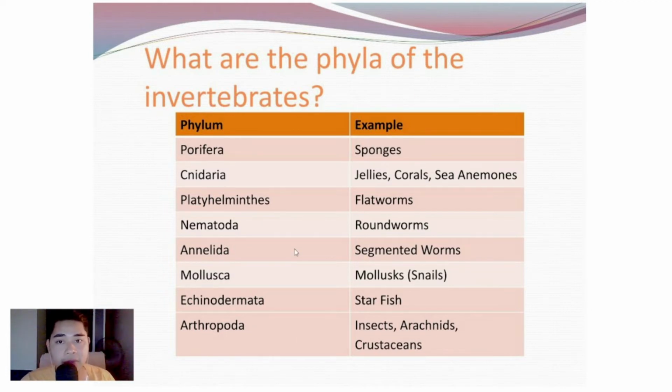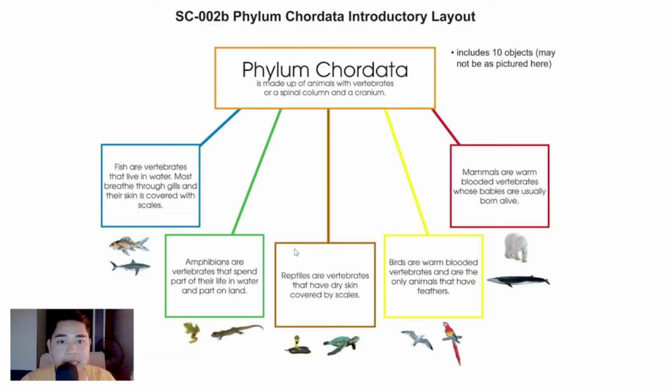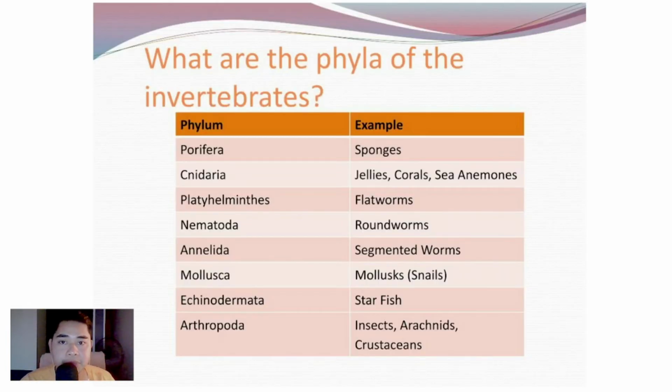Again, vertebrates are classified under Phylum Chordata so that it would be easier to classify and identify. So basically, we already know the main purpose why we have this taxonomy of classification, right? So that we could be grouped according to the characteristics of those animals.